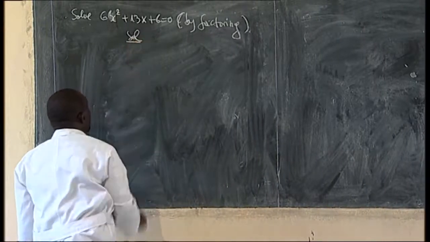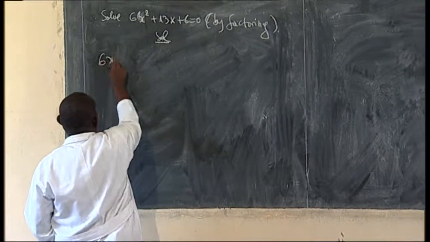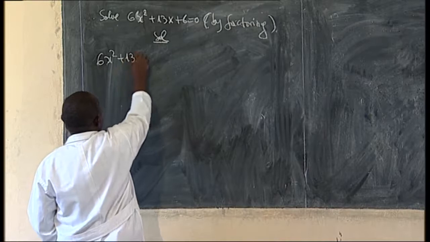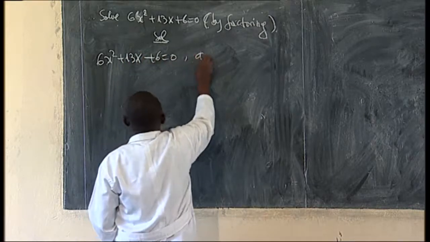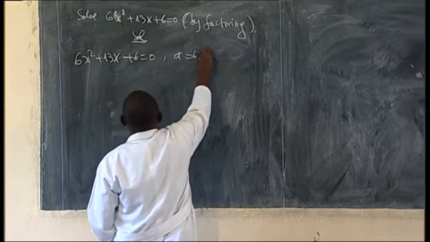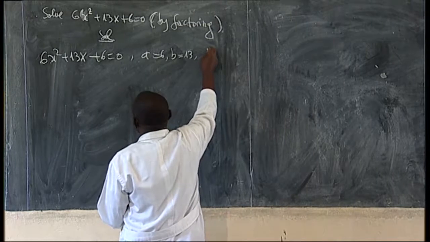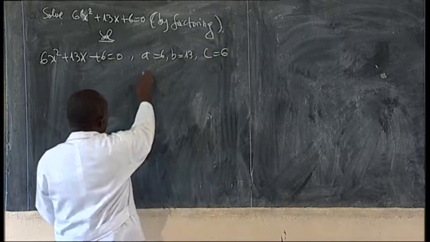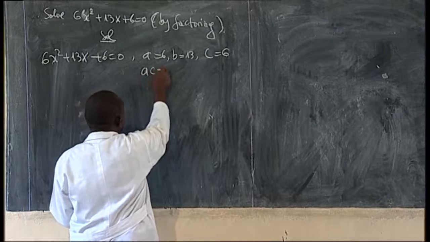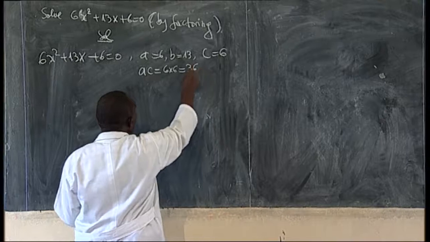From this equation, 6x squared plus 13x plus 6 equals 0, a is equal to 6, b equals 13, and c is equal to 6. So we need ac, that is 6 times 6, which is equal to 36.